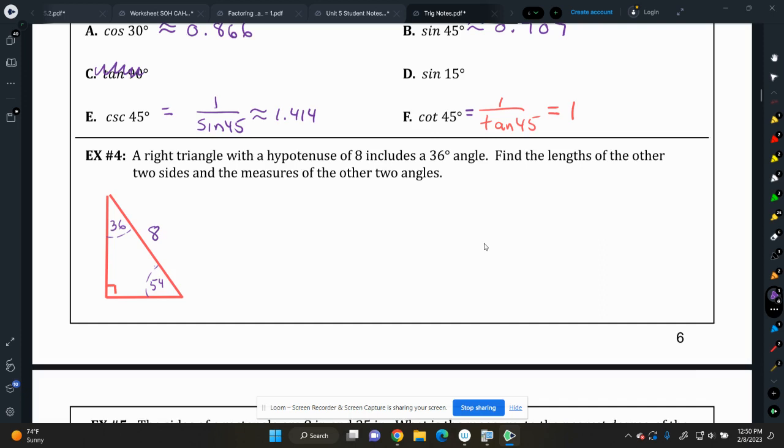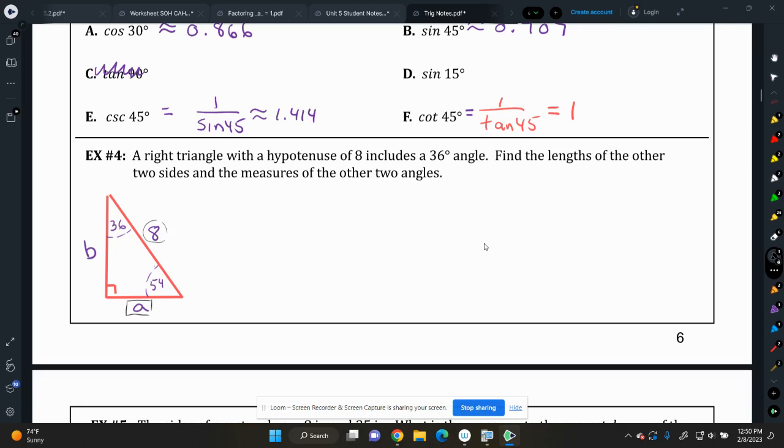All right, so I'm just going to label this A and B. Okay, so let's figure it out. Okay, I'm going to work with side A first. So I'm looking at side A. What other side do I have? The hypotenuse. So which 2 sides are these in terms of SOHCAHTOA?